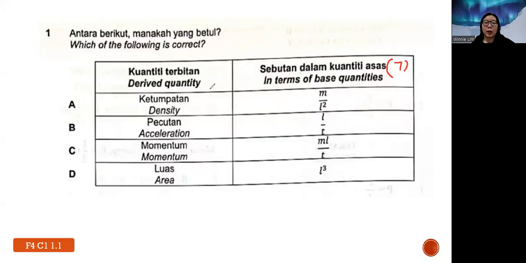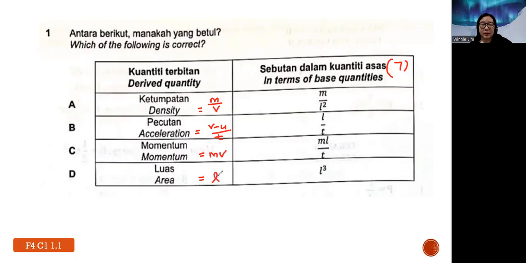To know which option A, B, C, or D is correct, firstly you need to know what the quantity itself is. Density, you all need to recall, is mass per unit volume. Acceleration is the rate of change of velocity. Momentum is the product of mass and velocity, and area is basically length times length.